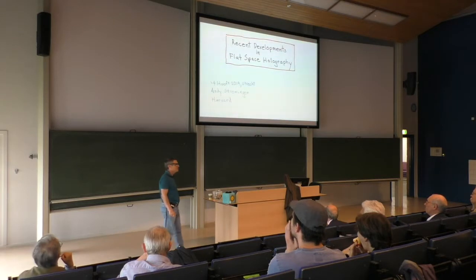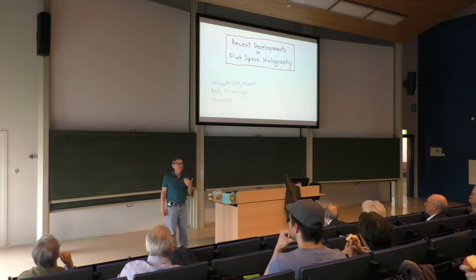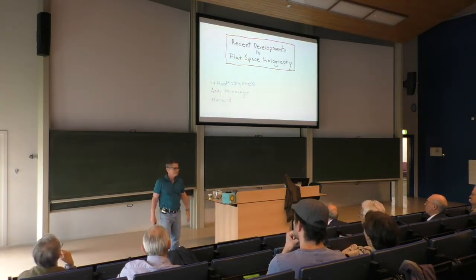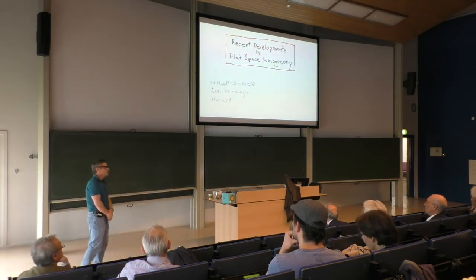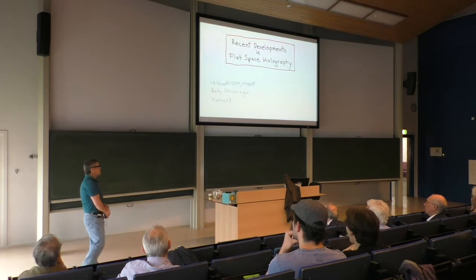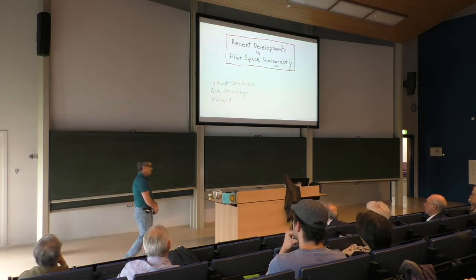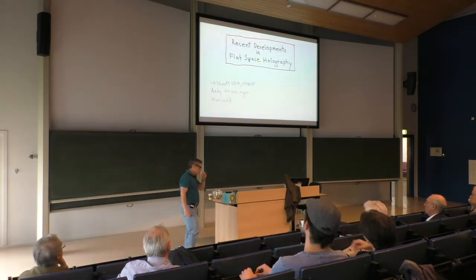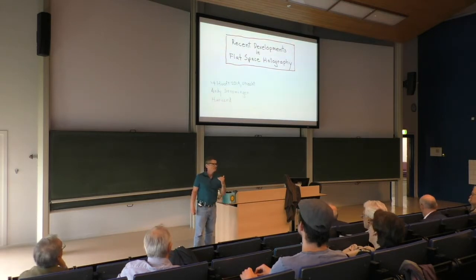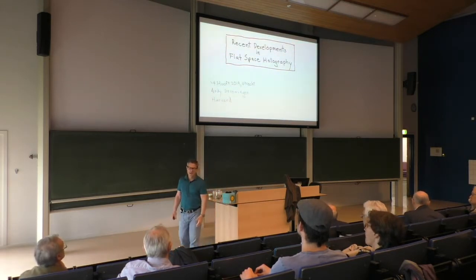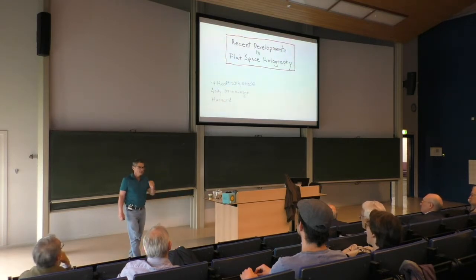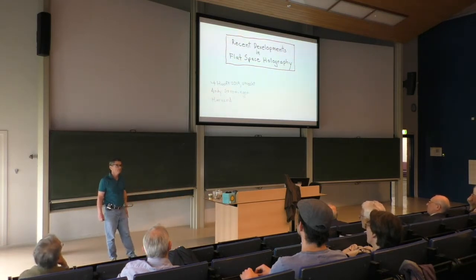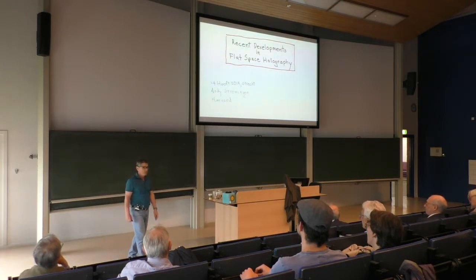It's still up in the air how we ultimately should think about it, and there are many different approaches. What I'm going to talk about takes pieces from these different approaches, and I am going to be talking about flat space, not de Sitter space or anti-de Sitter space.